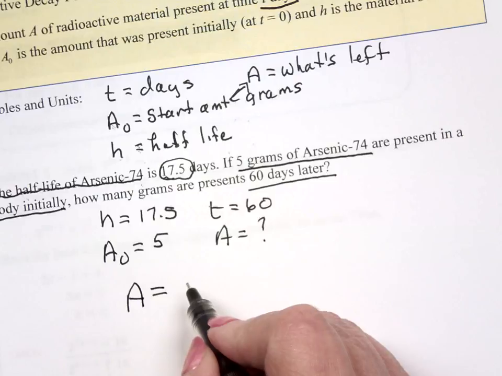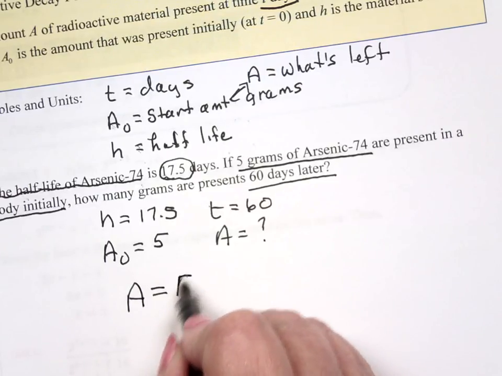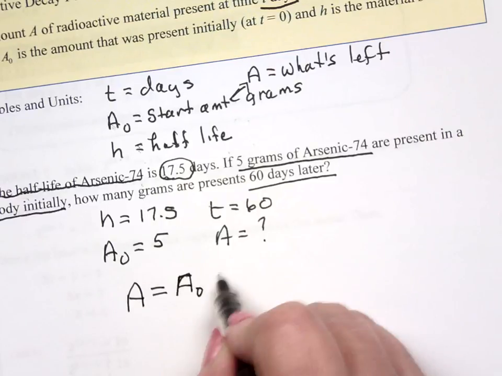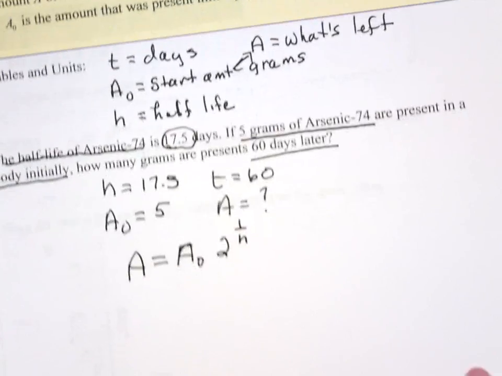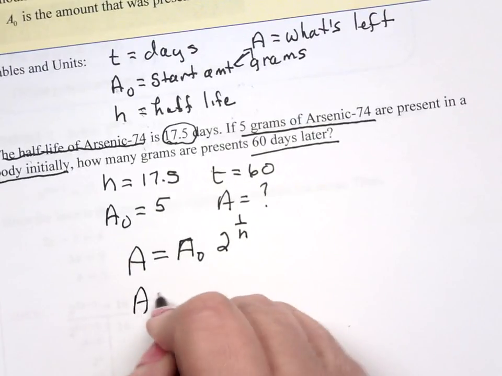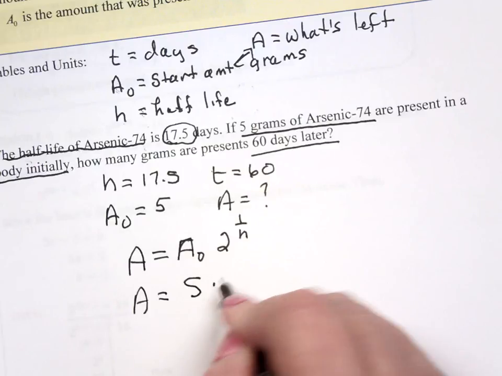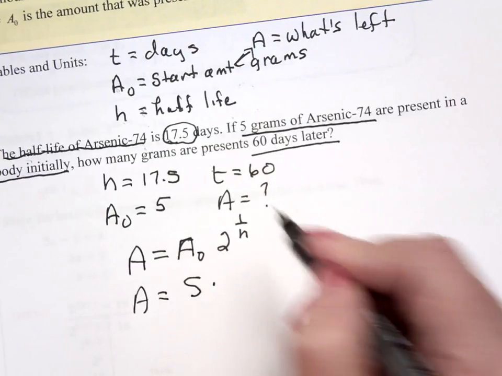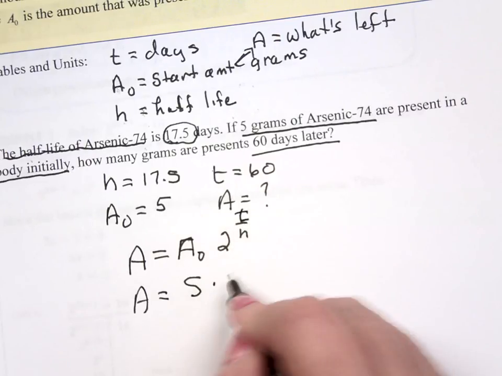My problem is A0. So A0 is 5. A0 times 2 to the 1 over H. So that's my formula. So A is going to be A0, which is 5. Negative, I missed it. What? Oh, T over H. I couldn't see that.